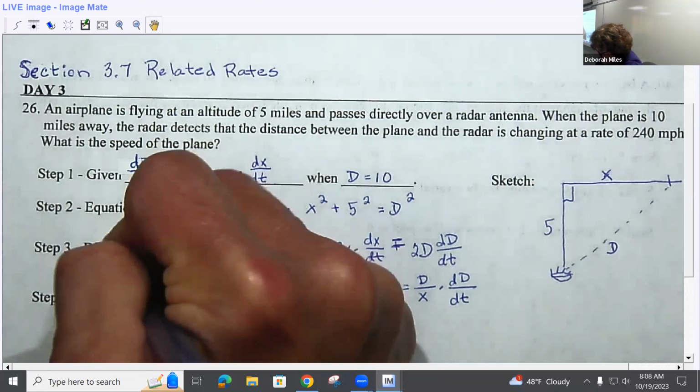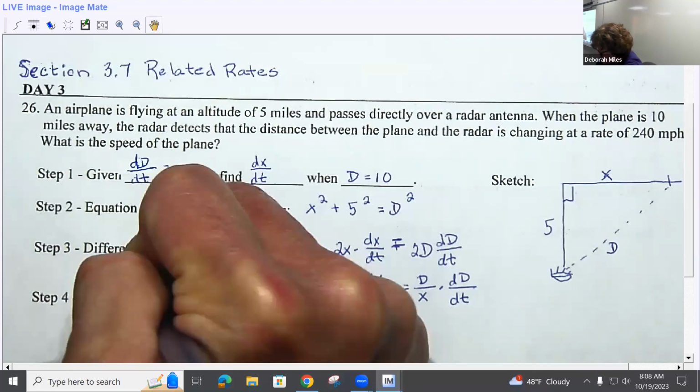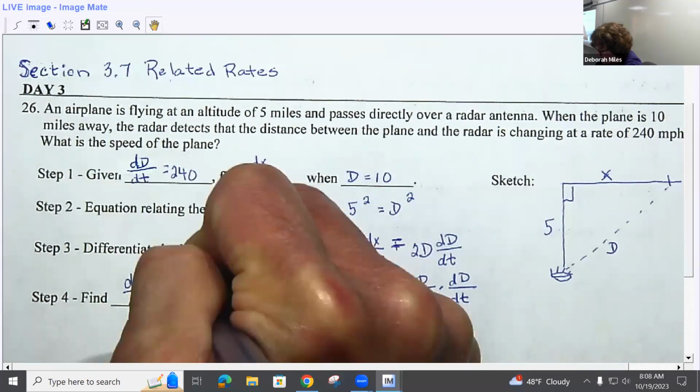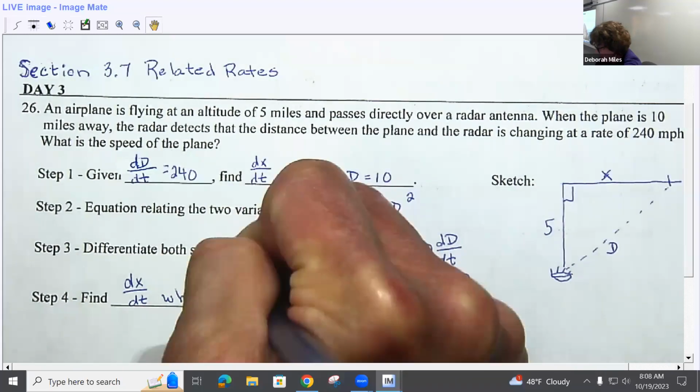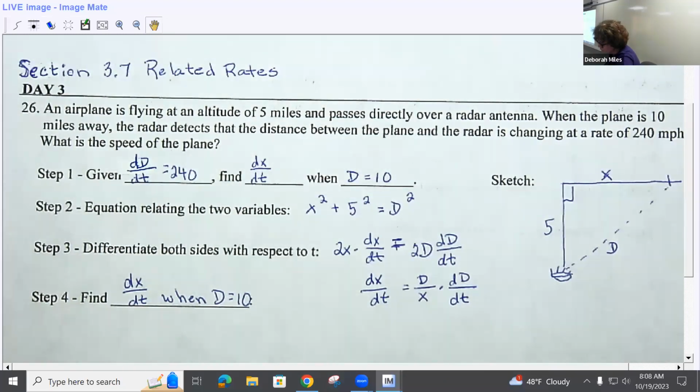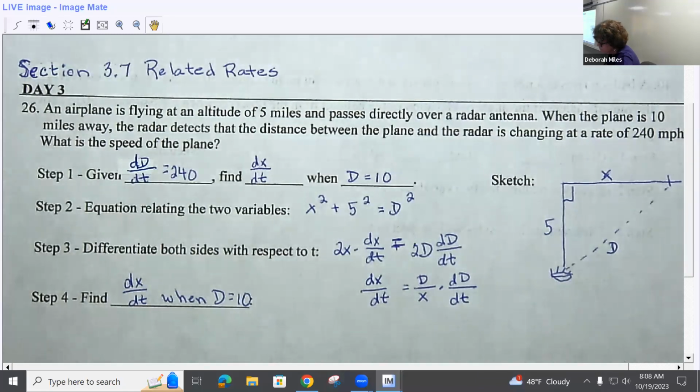I can find dx over dt when d is 10. Now, how many quantities do I have to substitute into the right-hand side of that equation? I think 3. I have a d, I have an x, I have a dD over dt. I know the d, I know this, I don't know the x.